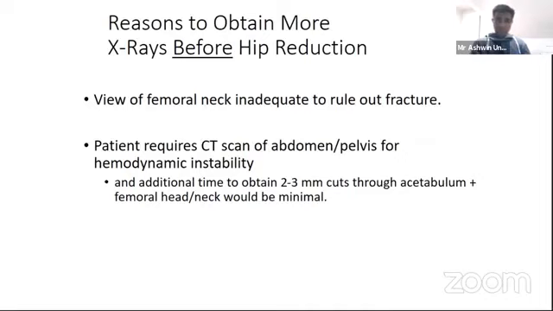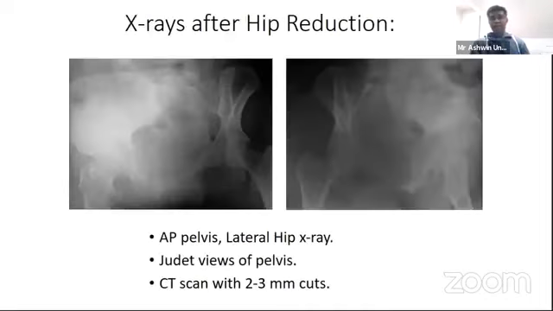Now, we are sticking to the X-ray because it's easy to show. The Judet views of the pelvis are quite good. I do that often, but in the present day and age, sometimes it's very difficult to do Judet views, and I normally stick to a CT scan, which is much easier to do, with 3D reconstructions.